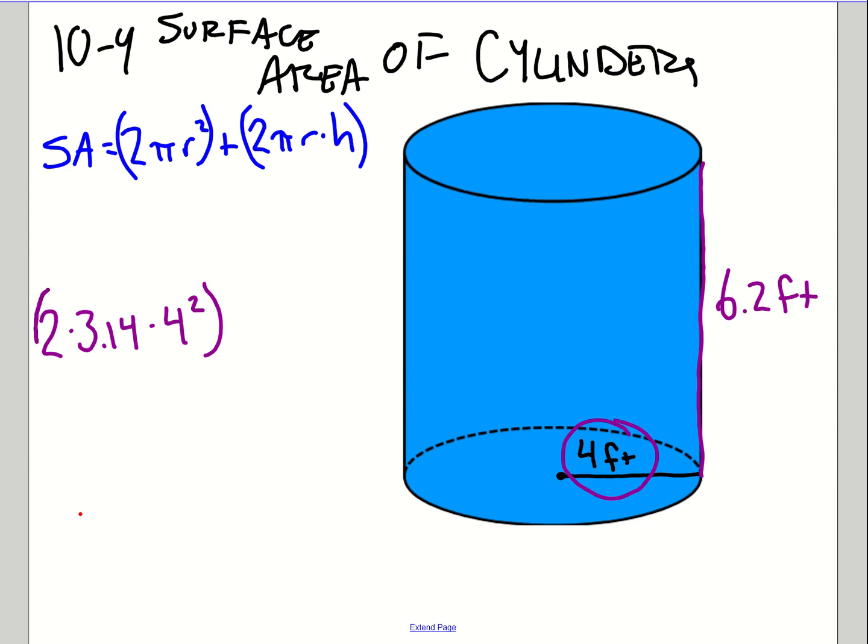This is the first part of my problem. Plus 2 times pi times my radius times my height. And this is the second part of my problem. So I want to solve this first. 2 times 3.14 times 4 squared.